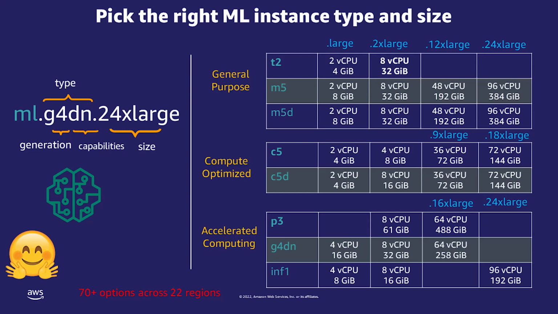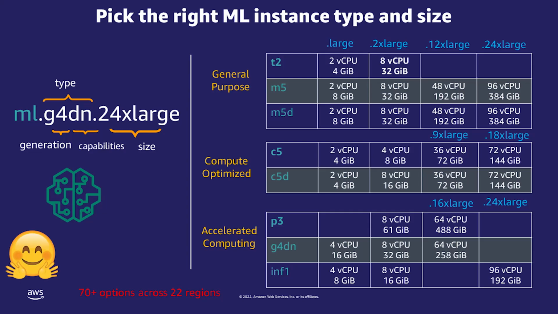And then in terms of accelerated computing, you actually have 3 options. So one option is the P3 series. So those are NVIDIA V100s. And you also have NVIDIA T4s, which is the G4. So both of these types of machines are available.